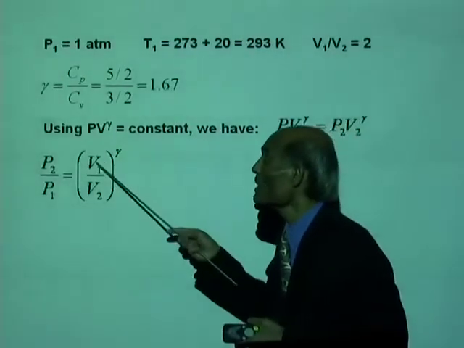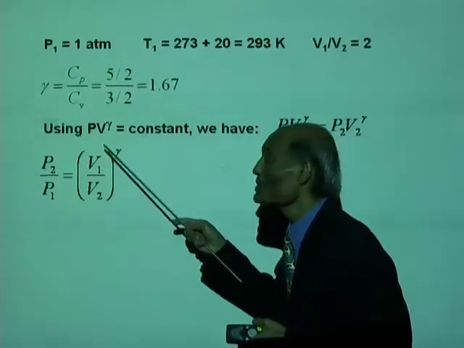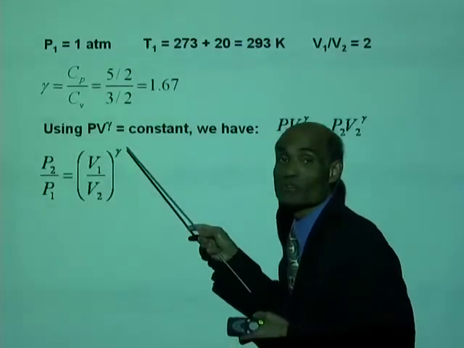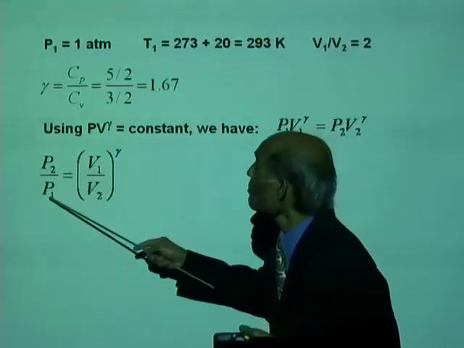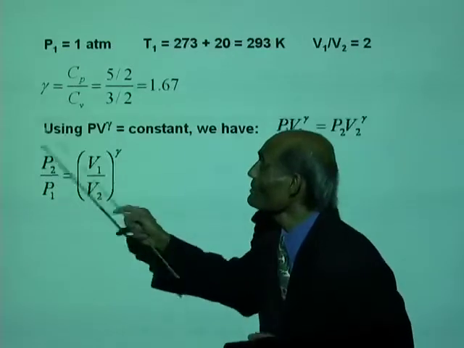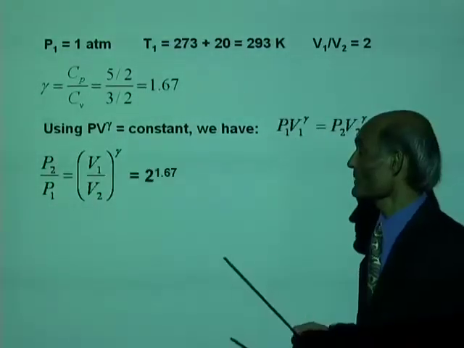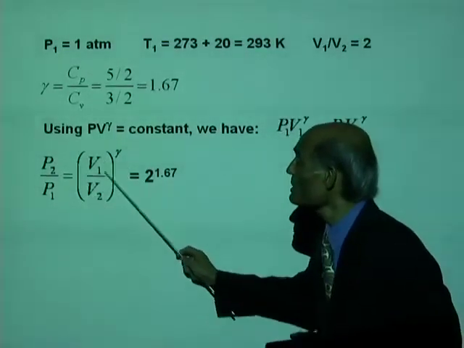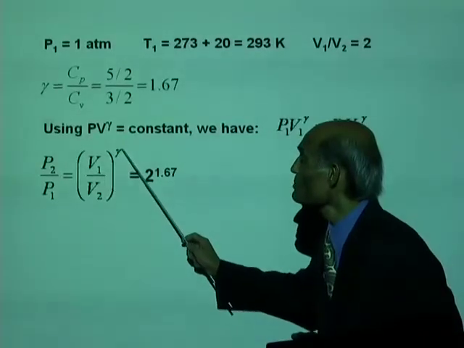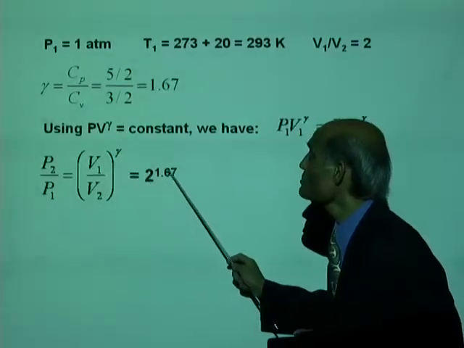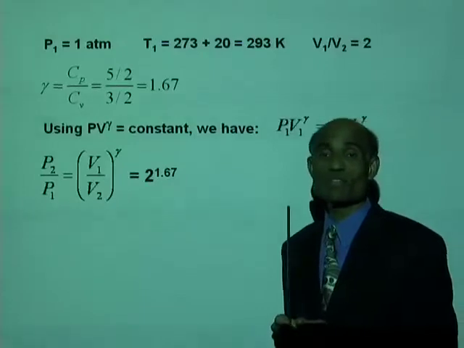And now you know V1 over V2, you know gamma, you know P1, therefore you can find P2. So V1 over V2 is 2, and 2 to the power of gamma is 2 to the power of 1.67.